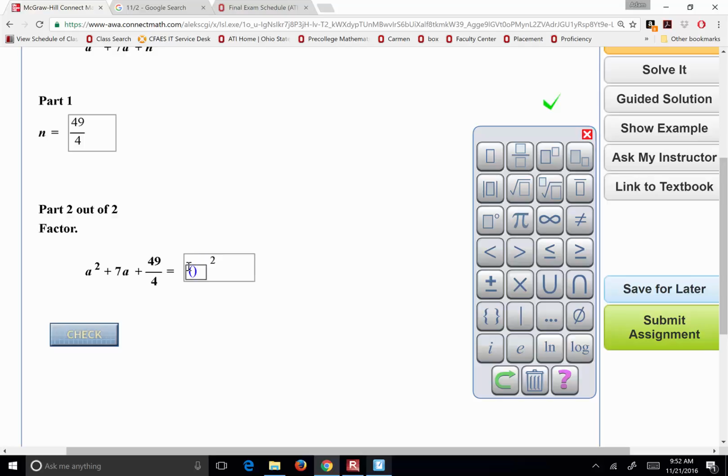So I start with the variable a, and what do I put? What's the number after a? Is it 49 over 4? What is it? What is the number next to a?